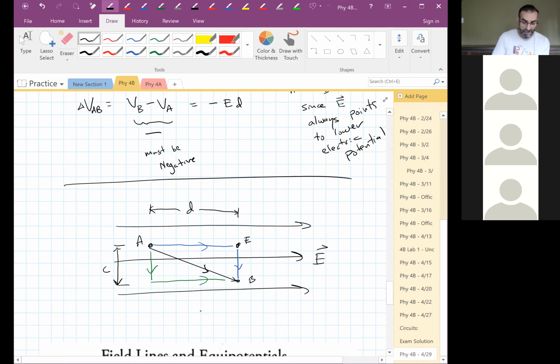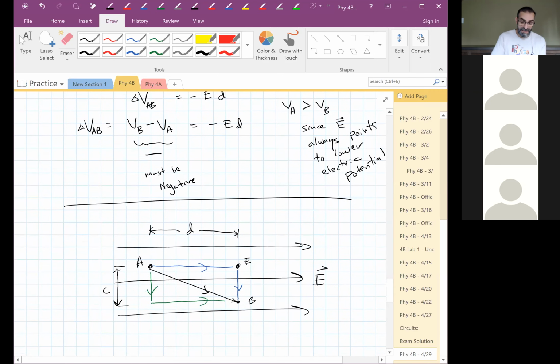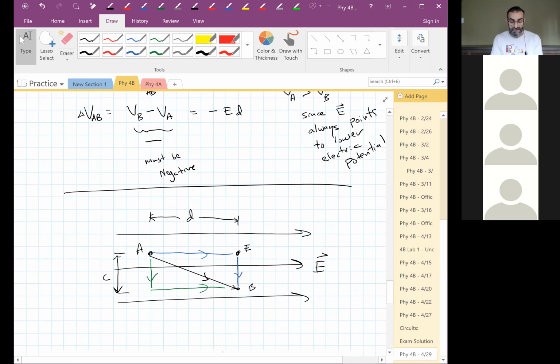Doesn't matter. Or we could take any curved path if we wanted to. Any of these paths from point A to point B give us the same work done. So the integral up here is going to be the same. So the delta V between points A and B will be the same regardless of the path we take.